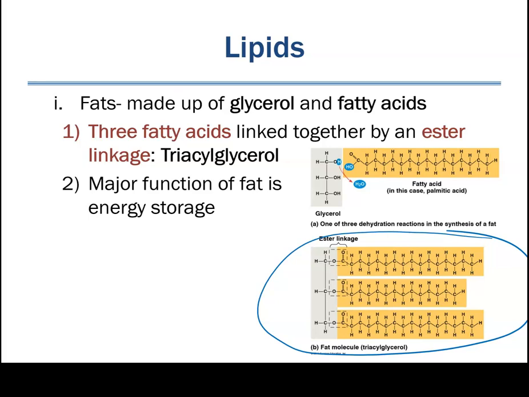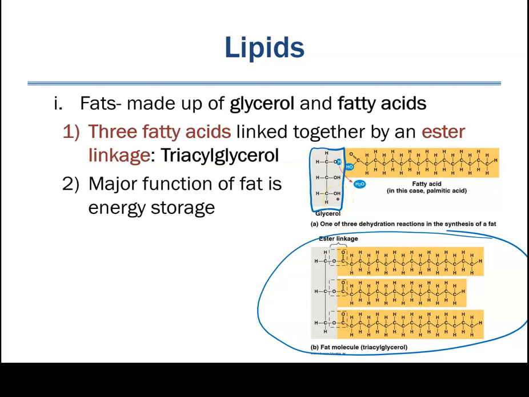But fats all have a similar structure, which is why we include them in our discussion of these large molecules. Fats are 3 fatty acids. So on the top here we have glycerol, which is one of our fatty acids. You'll see that on the left side, we've got triglycerol.